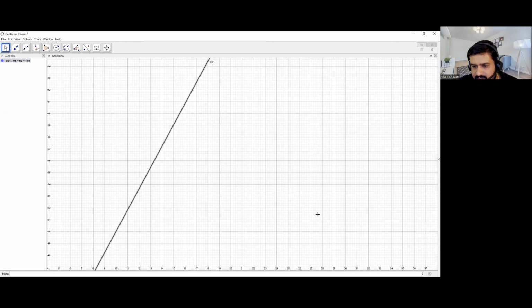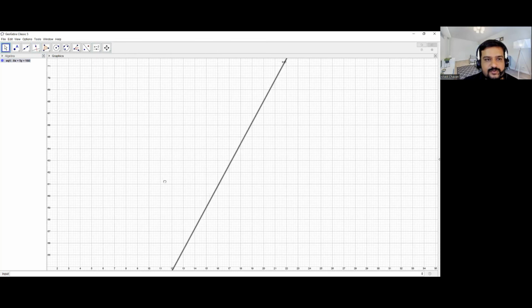Okay. See, this is the line of 30 degrees Celsius. We will have to zoom it out a little bit. I'm not getting that option here. No, no, no. Don't solve it using the formula. Do it with the help of the graph. We can solve it with the help of the formula also. That is not the problem. But try to get the answer with the help of the graph also.